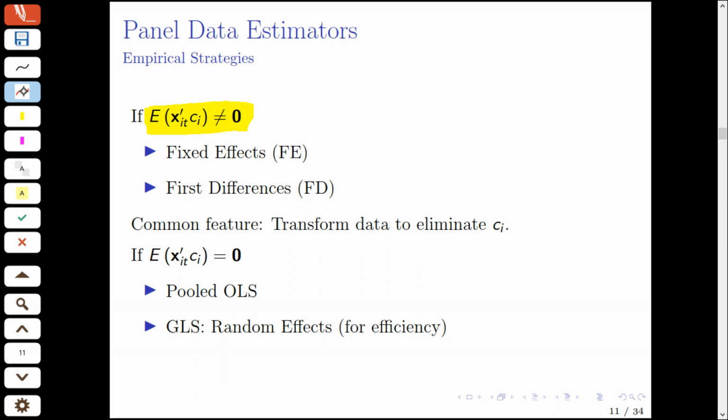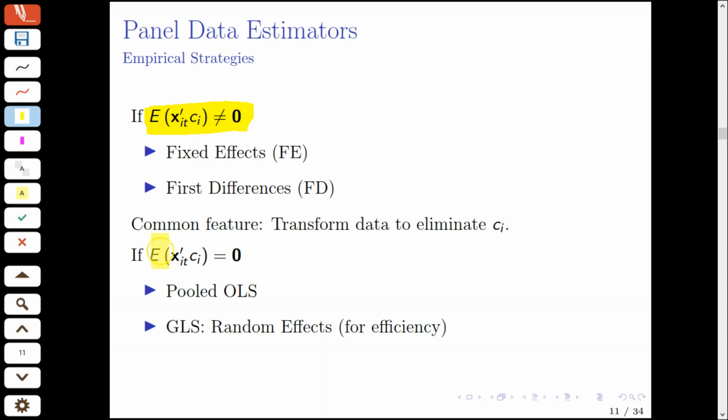Now, these estimators, which we'll discuss in detail in the slides to follow, as well as the next video, have a common feature in that they both seek to transform the data in such a manner that the individual effect is effectively eliminated from consideration.